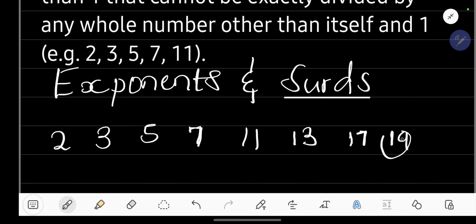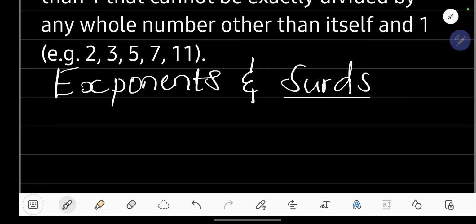Just confirm for me if this one is a prime number. But I hope you understand what prime numbers are. They are very important, guys, especially in this chapter of exponents.